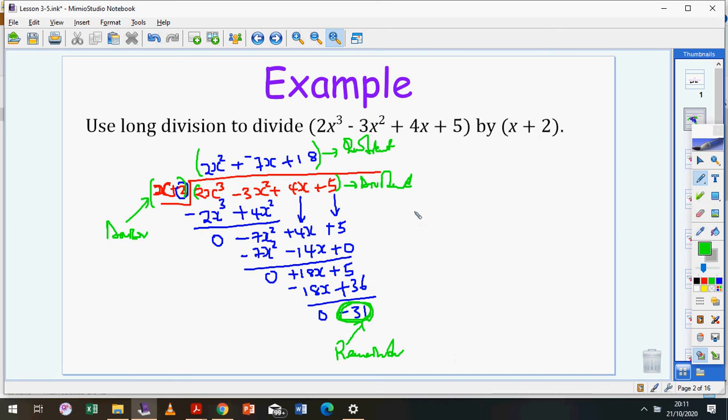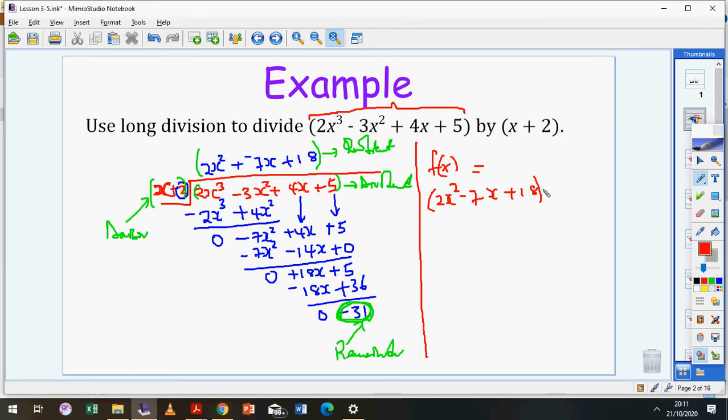I can say either the whole expression that I started with could be written as, let me just call this f(x) because it's big and I don't want to write it all over again. f(x) can be written as the quotient, which is 2x squared minus 7x plus 18, times, because remember 7 is equal to 3 times 2, so times the divisor, which is x plus 2, plus the remainder, which is minus 31.